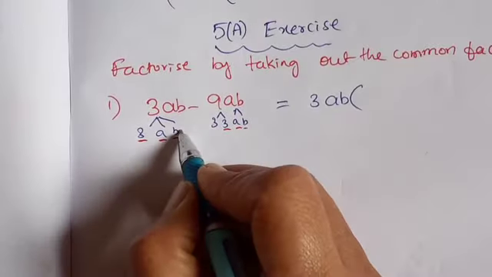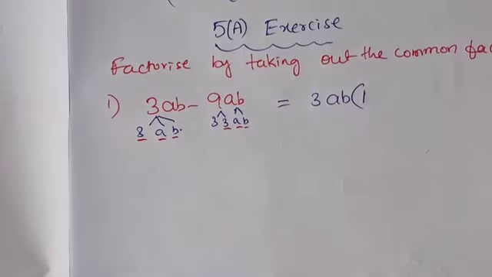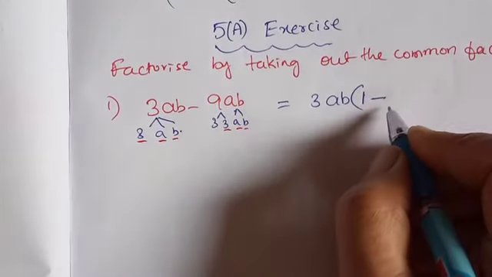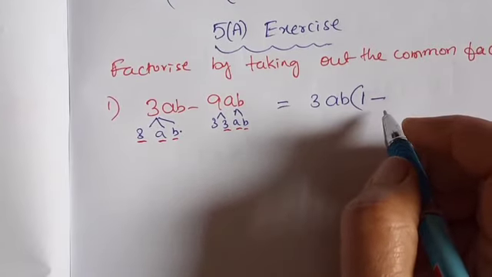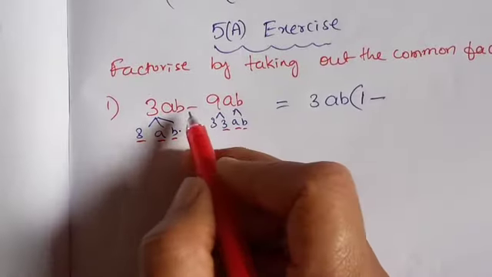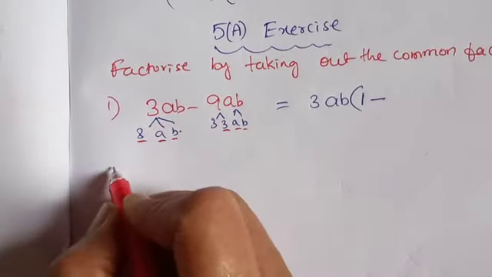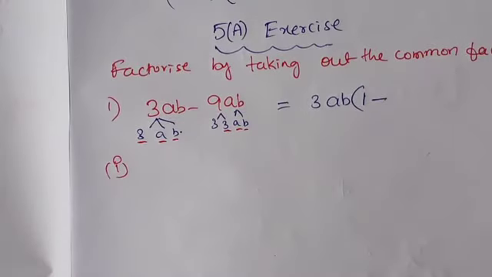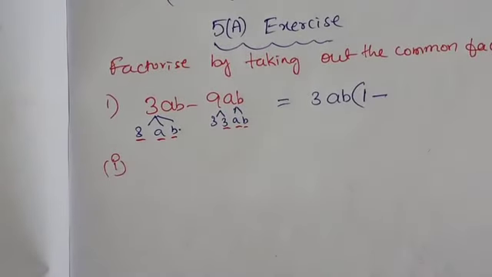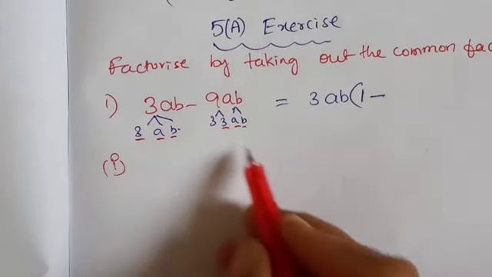So here what is left? If nothing is there, 1. Minus, what is next here? What is the question? 3a square. Okay, sorry children, this question is not correct. This question was actually copied wrong.